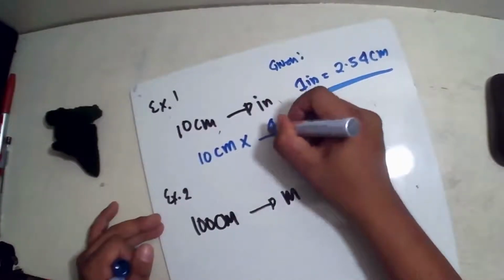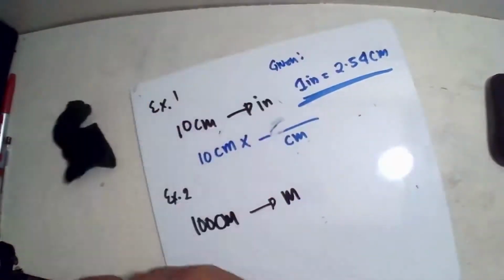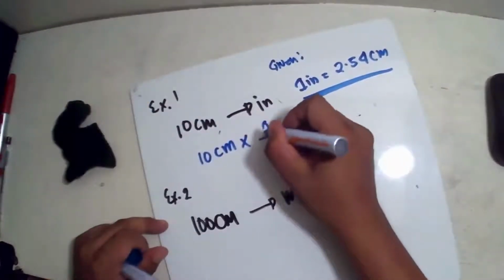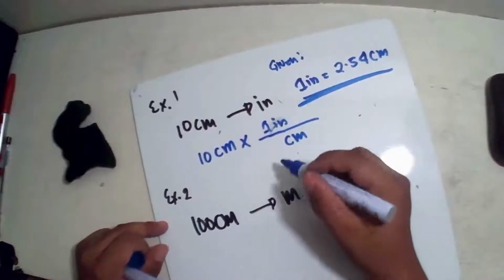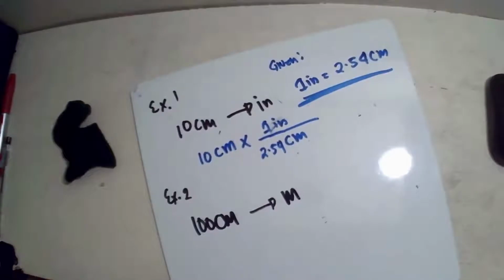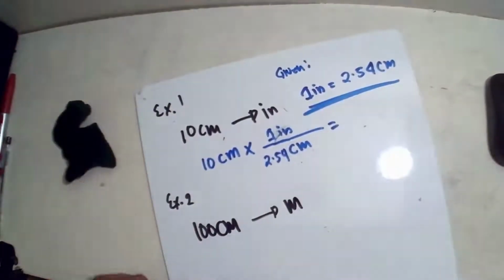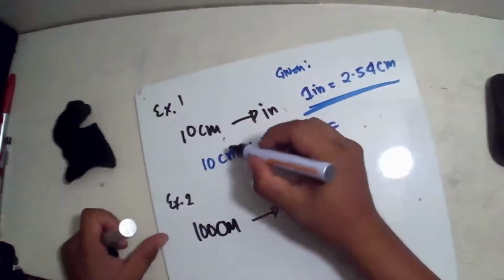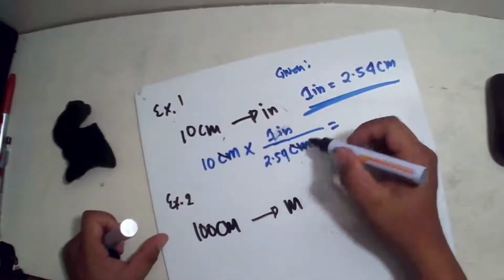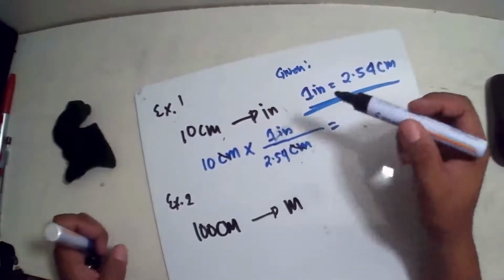So for every 1 inch, this is equivalent to 2.54 centimeters. Equals, okay, centimeter to centimeter cancel out. So the remaining unit now is only inch.